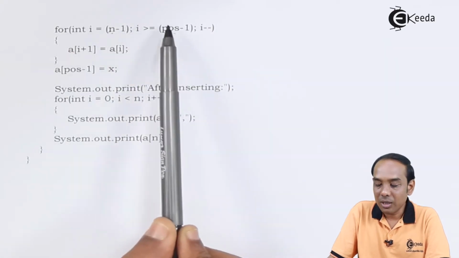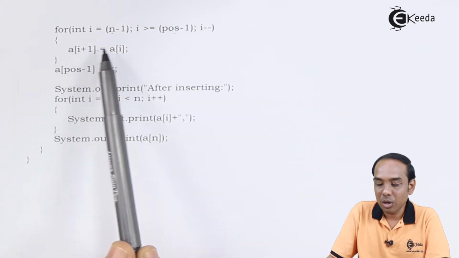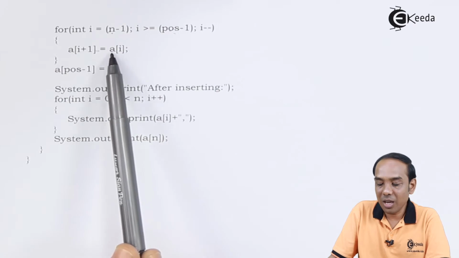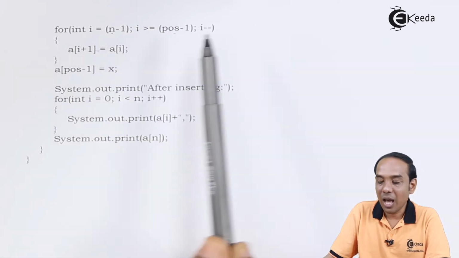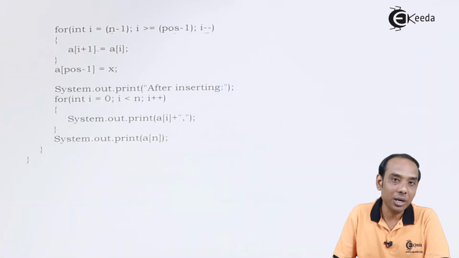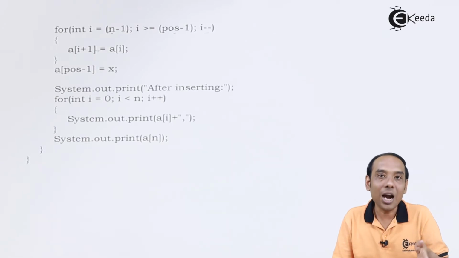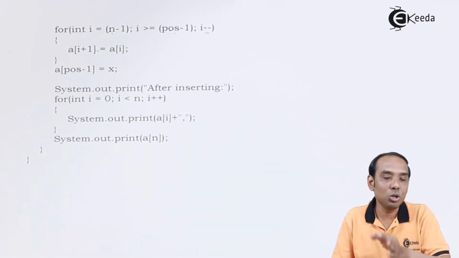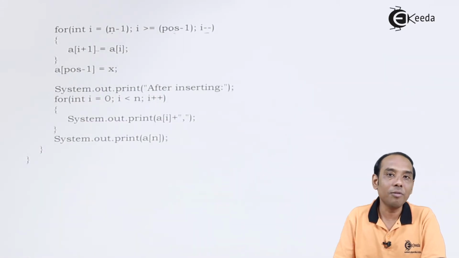Once this is done, we go for the values, that is a[i plus 1] equal to a[i]. So the value of a[i] will be transferred to the i plus 1 position, and we are now going to decrement the value of i and not increment. So we start from the end position and go till the start position. In between we find the position where the user wants to insert the element. Once this is done, we decrement the value of i.